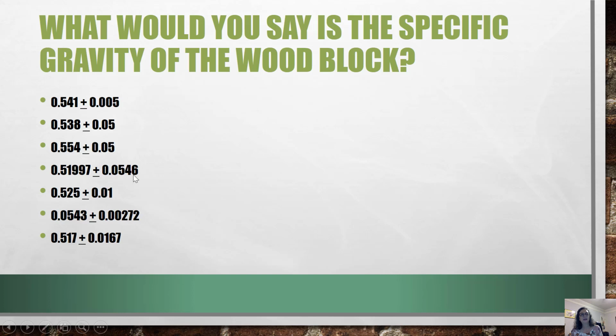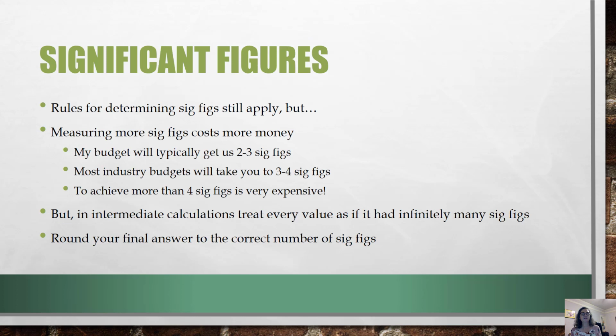The other thing is, notice that a couple of these groups had given many significant figures in the error limit. I want you to be aware that your error limit is always going to be one significant figure, and it needs to match the final digit that you show in the actual value, the specific gravity.